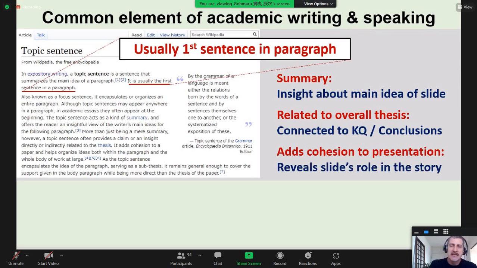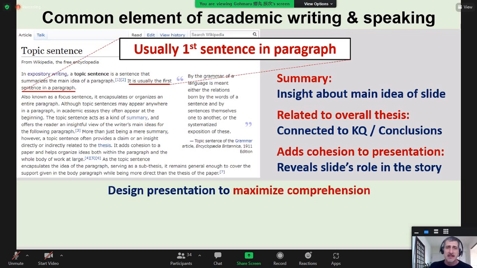And ideally, it will provide cohesion, which means stick together. In other words, show how that slide fits into the story, its role in the story, and create a smooth flowing storyline. So all of this is done by the topic sentence.